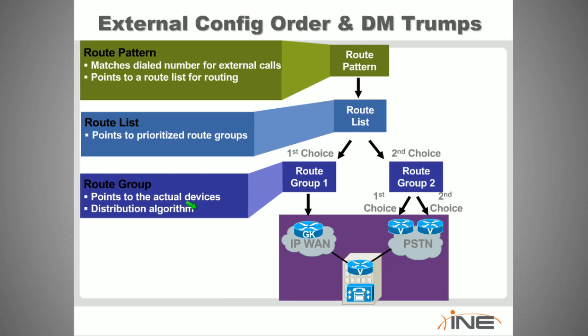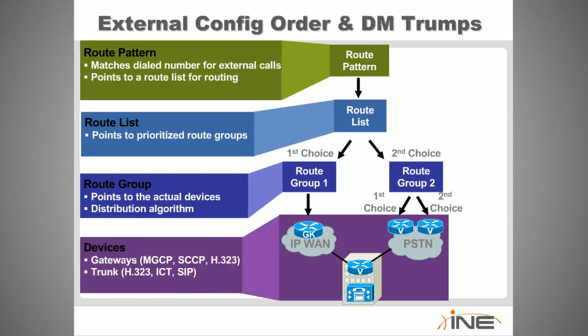This will load balance the calls, especially in high busy call hour volumes. This will load balance the calls across the receiving or terminating cluster and across their subscribers. This is the reason for distribution algorithms within route groups.